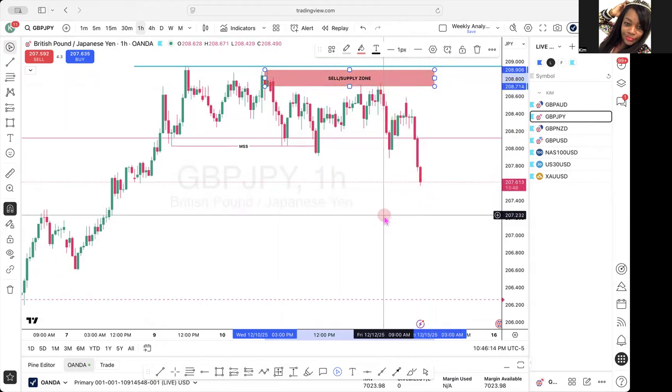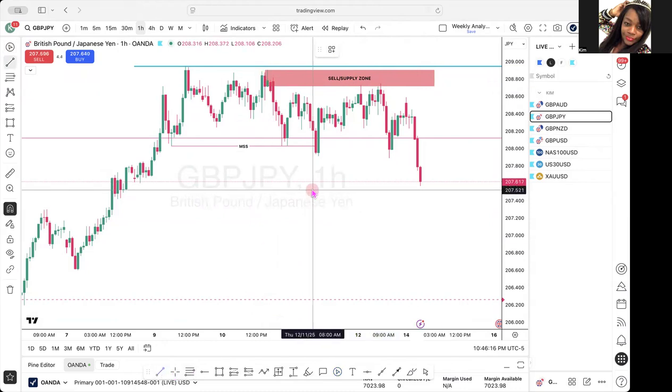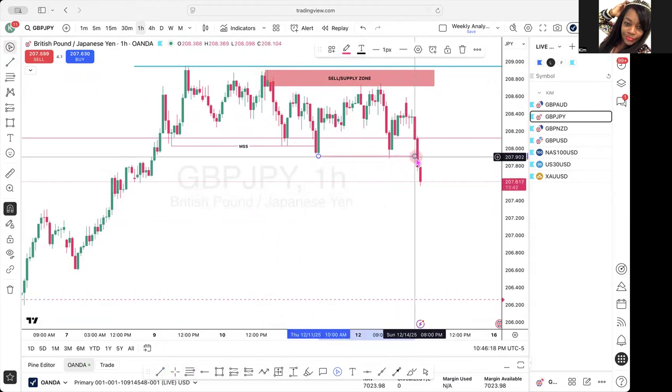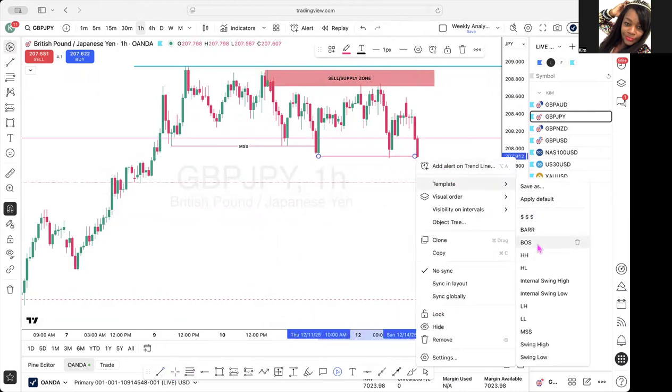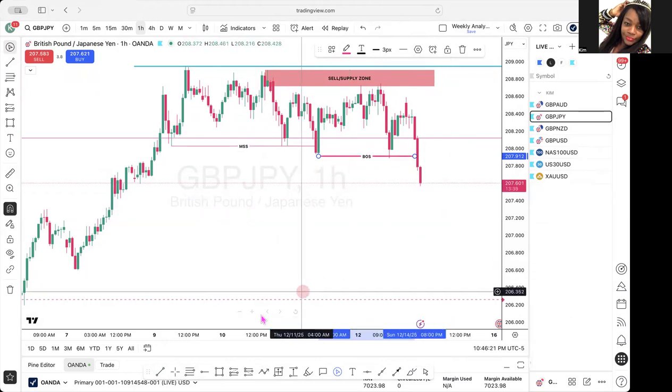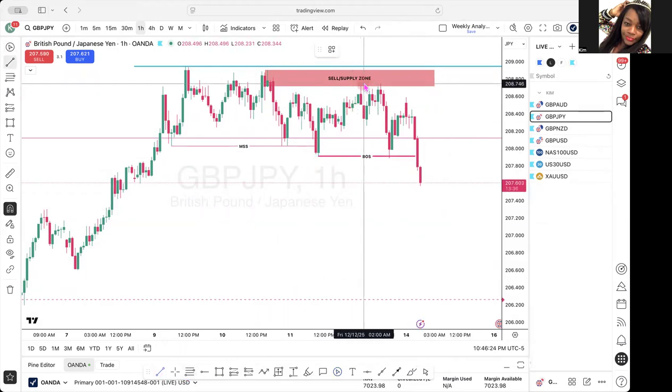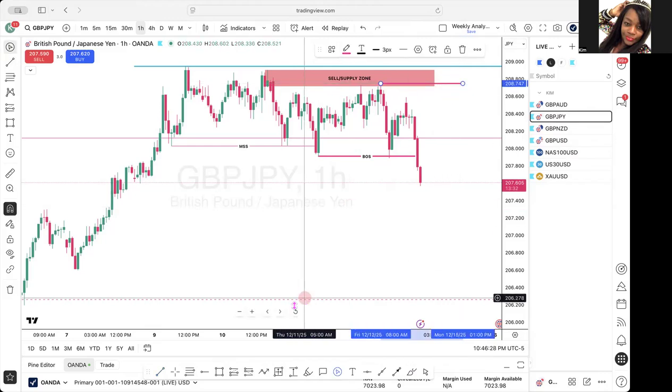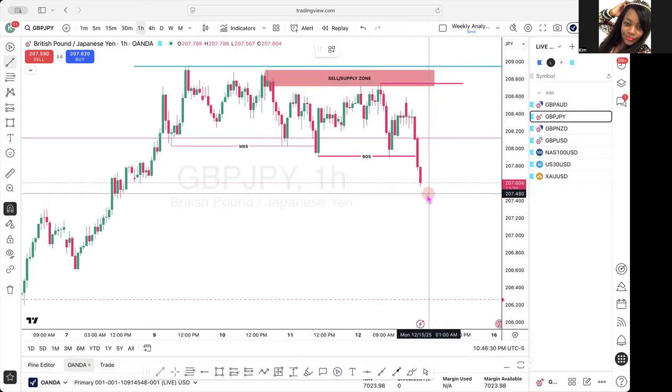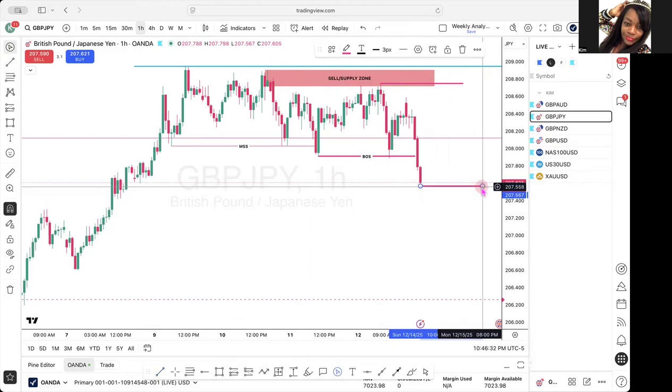Okay. So now we have this break of structure. So now we have this swing high here. And this is the current swing low.